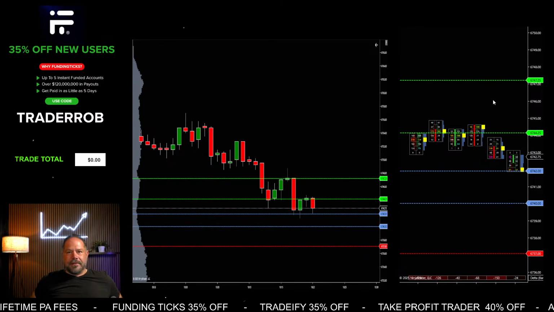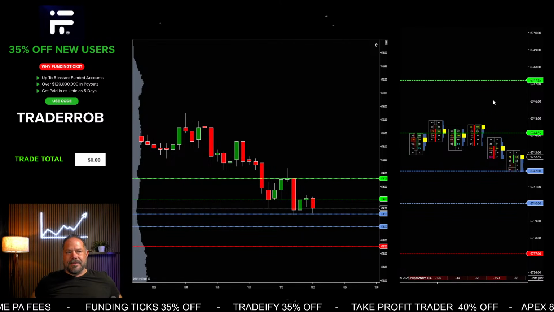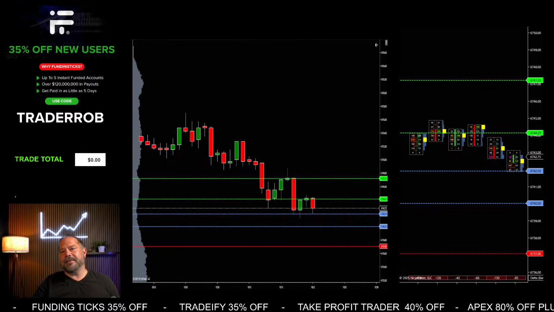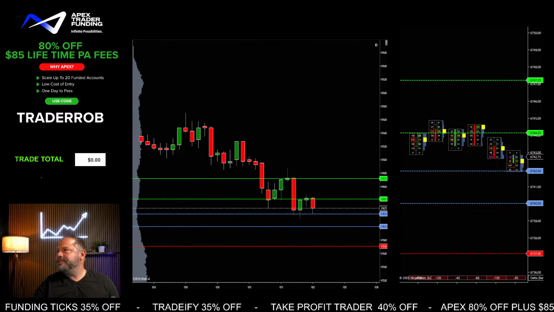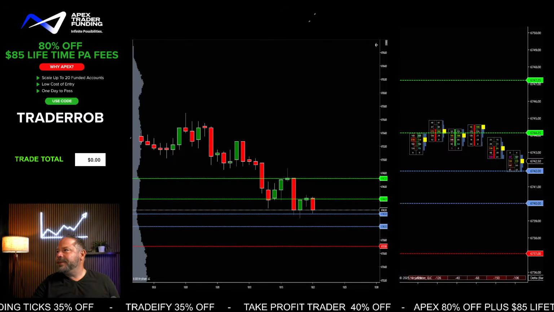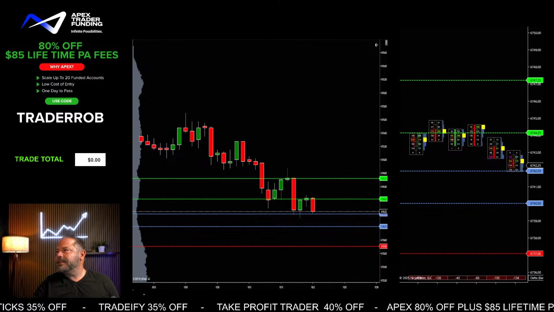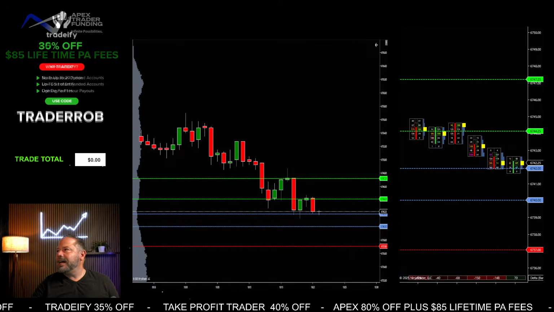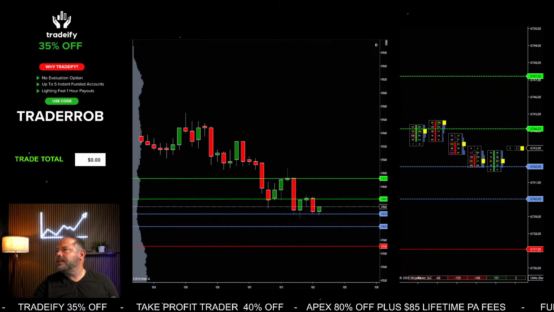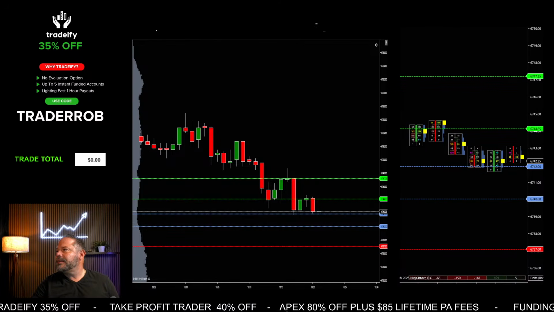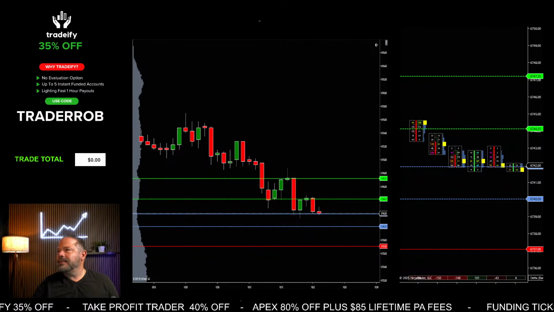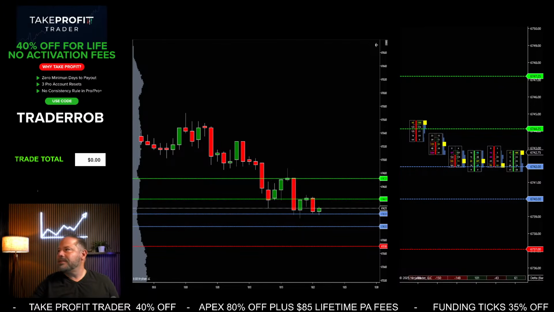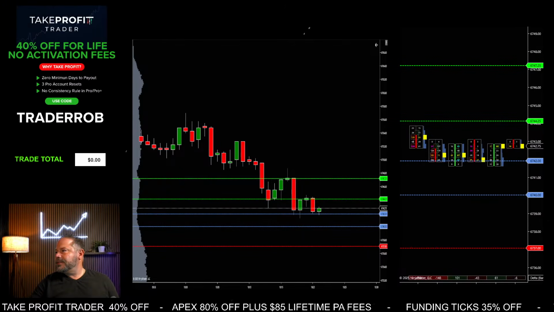Now, wow, the 40s are really defended. So this 6740 area is super defended, but now my TP is looking a little sloppy. My TP looks very sloppy now.